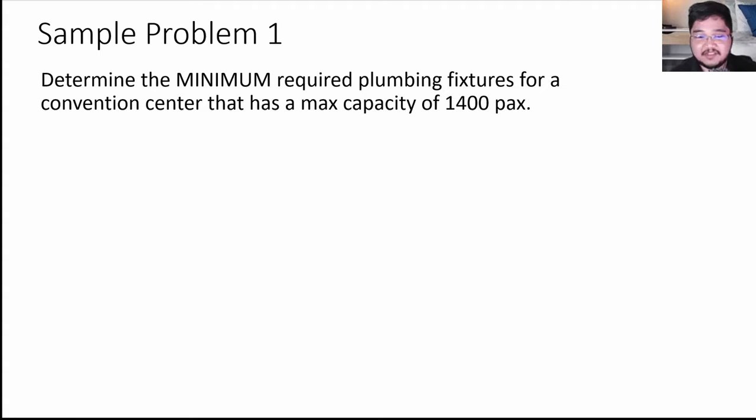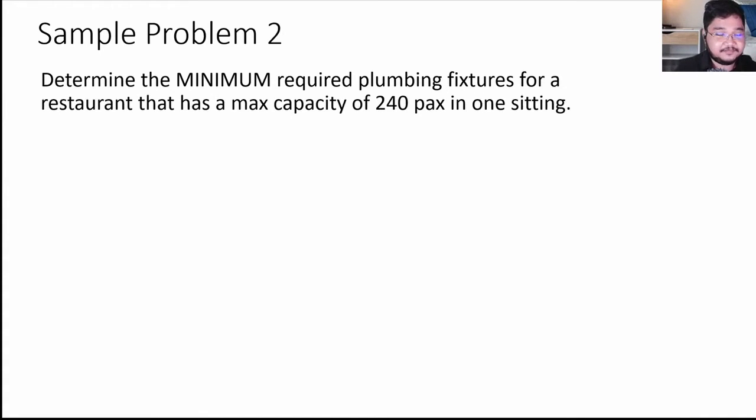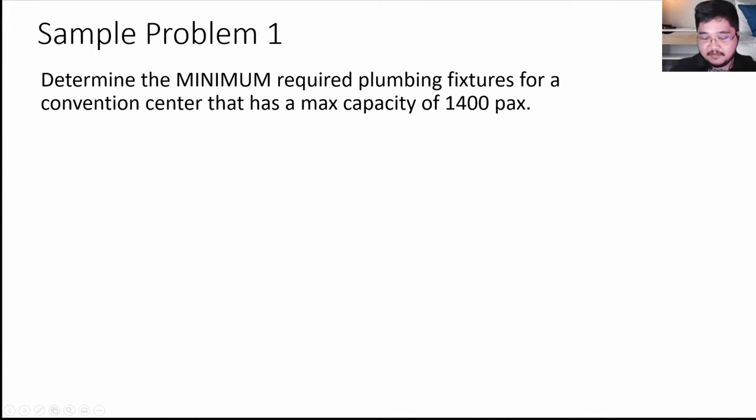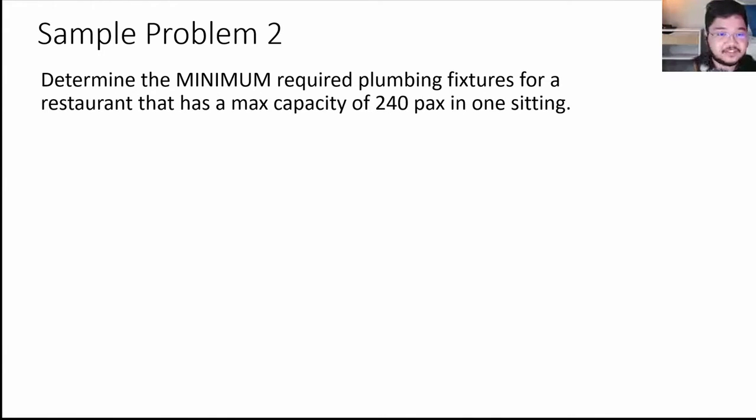When you say packs, that is just referring to people. So the first thing you would do is tabulate the required number of fixtures so that you can visualize it.